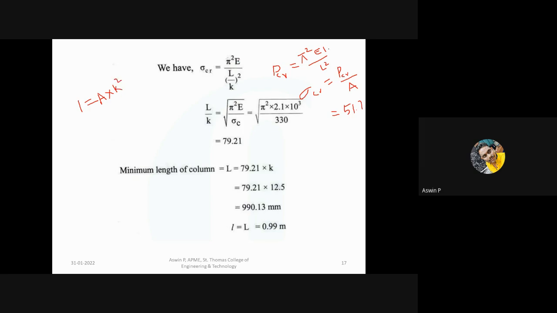This can be replaced here. It will become A into K square, and when we are taking stress, PCR divided by A will be there. So the bottom side also will be area, this will become sigma. Then A and A get cancelled. The final equation will be pi square E into K square divided by L square.